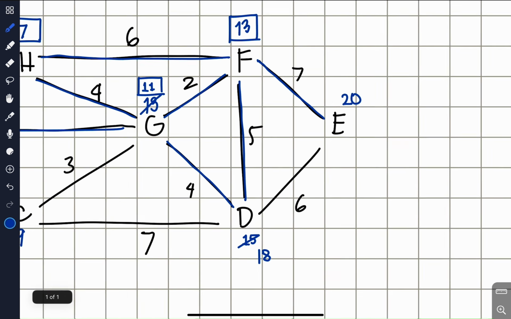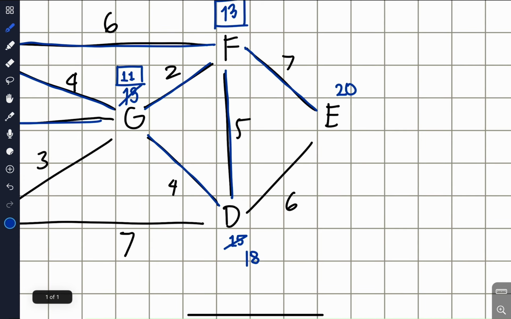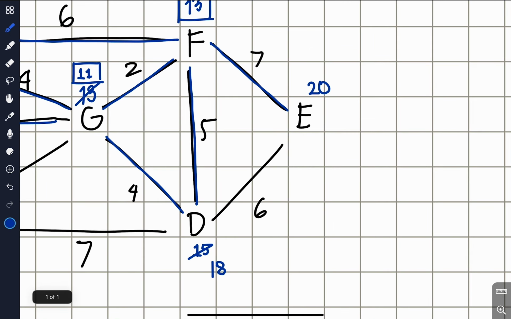So we cross out 15 because we have our new distance. Next, we choose between 20 and 18. Between 20 and 18, the smaller one is 18. So we box 18. Then for the distance, we only have one, which is E.